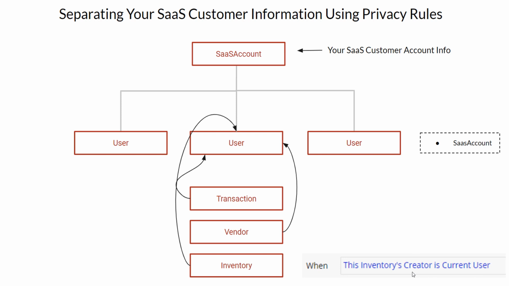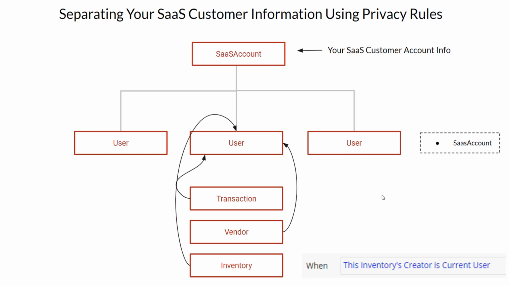Bubble gives you a field called creator, which, when you write an inventory, a vendor, whatever, stores the user that created that record. So this privacy rule means only the user that created that record can see it. In a SaaS environment that's not really any good, because we need user A and user C to see that, not just user B.